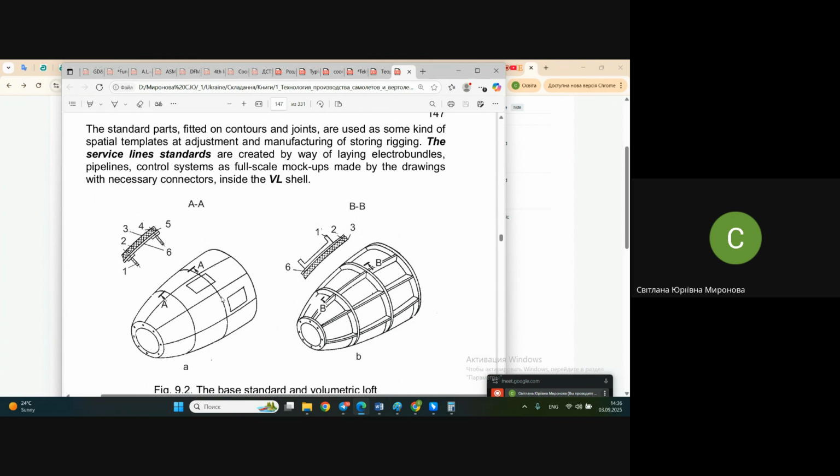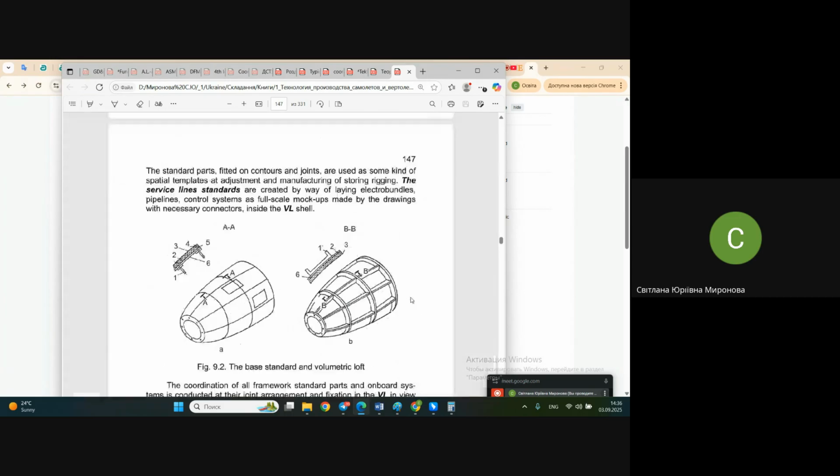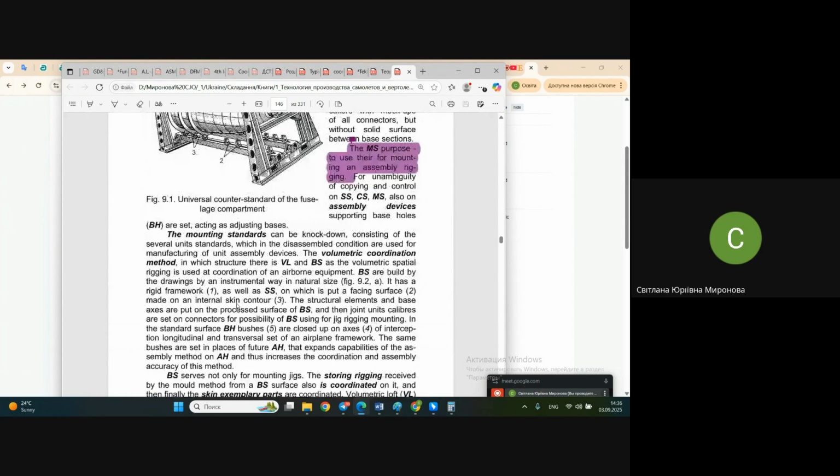But in order to pass from solid tooling like this to tooling which more resembles frame-like tooling like that, do we see? We have intermediate tooling, some negative copy of the solid standard, the surface standard.